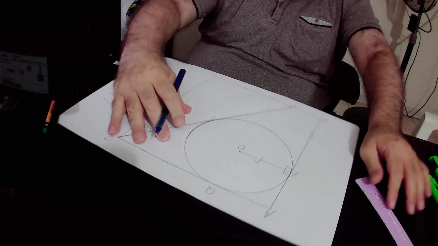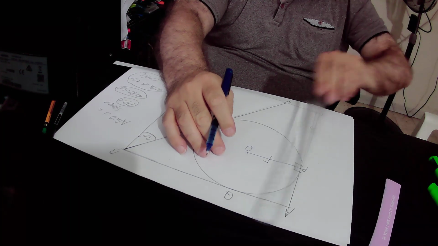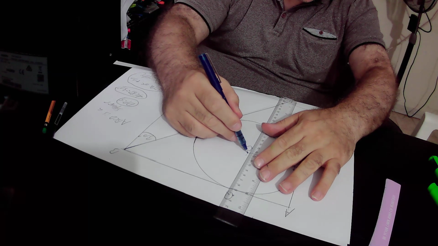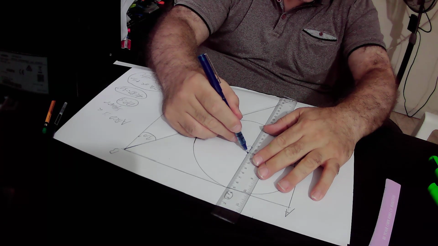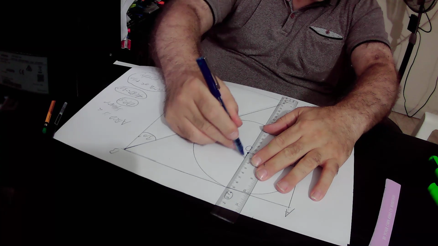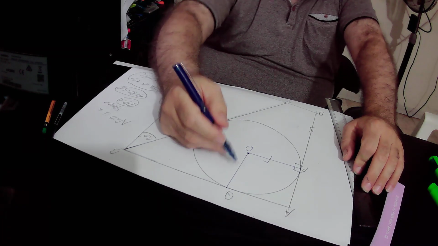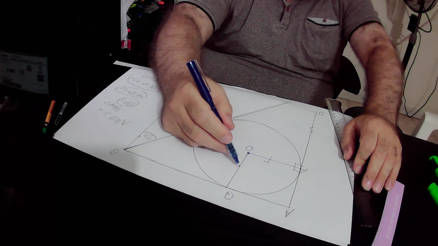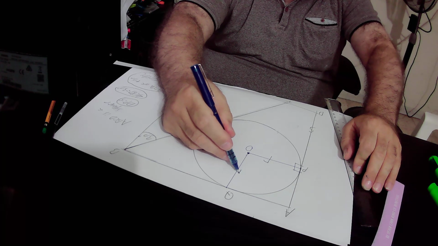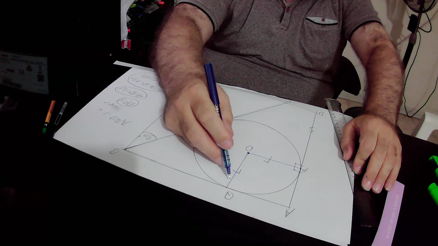Likewise, we join points O and Q together by a straight line. Point O is the center of the circle, point Q is a point on the circle itself, therefore OQ is the radius of this circle that is equal to R, and again we have the radius OQ drawn to the point of tangency.